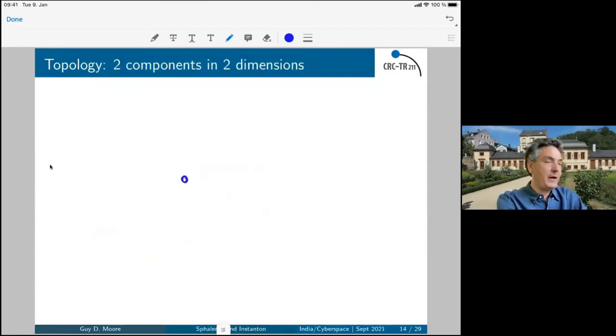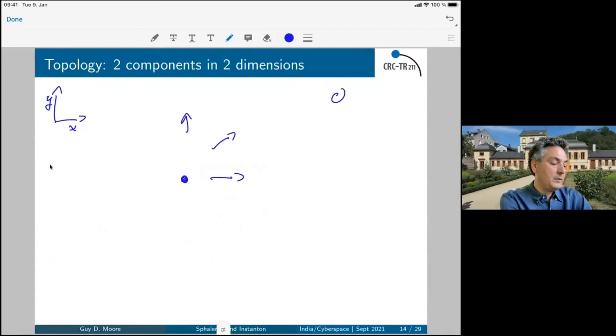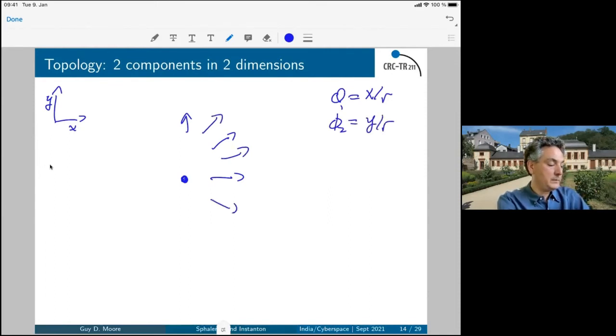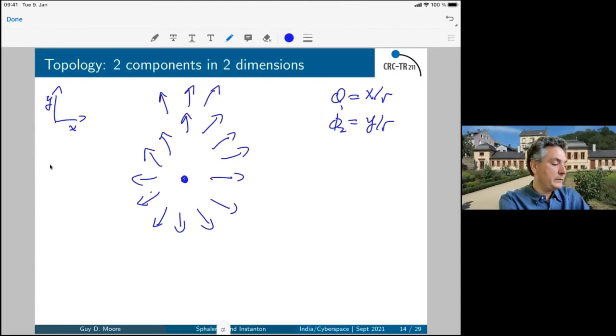And then if I try to define that everywhere in the xy plane, except at one point, then one interesting solution is phi 1 equals x over r and phi 2 equals y over r, which looks like this. This is not the electric field of a charge because the length is the same at every point.